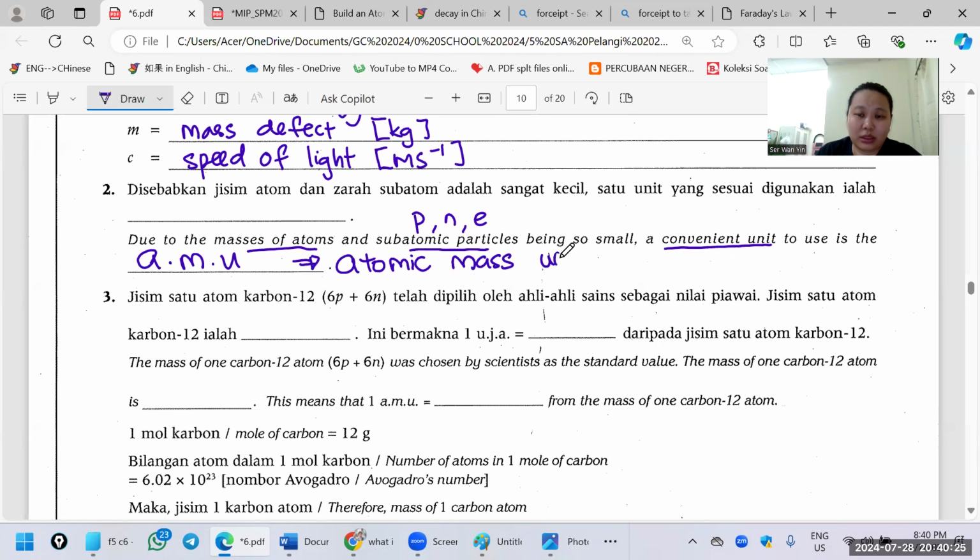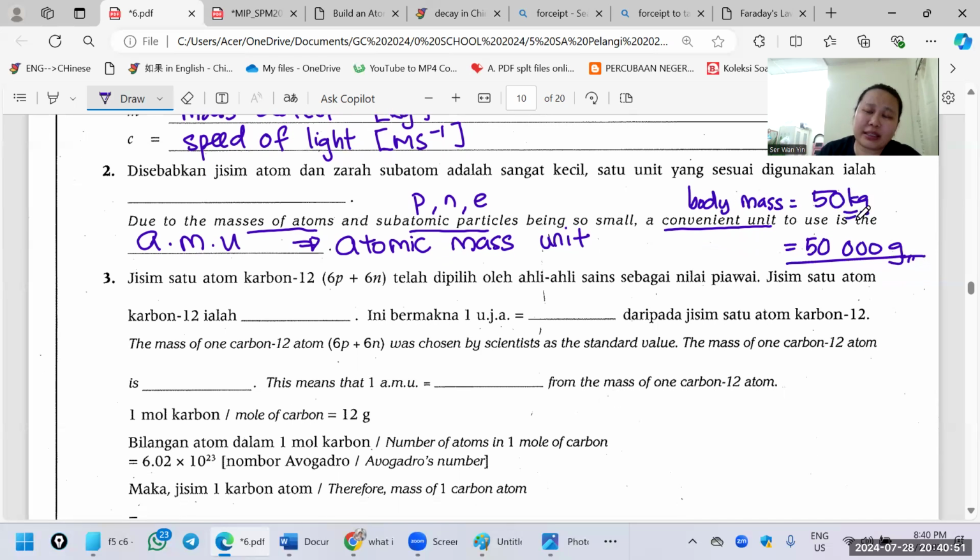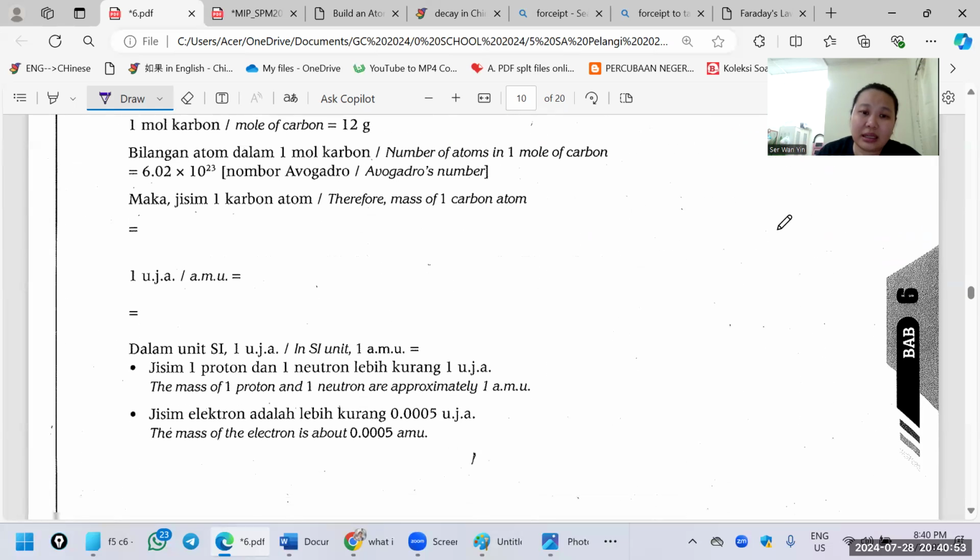Like for example, your body mass, normally we say 50 kg. If you tell people, I have 50,000 grams, not logical, right? It's not user friendly. Same thing here, it's too small, so we use a prefix, something like a prefix.